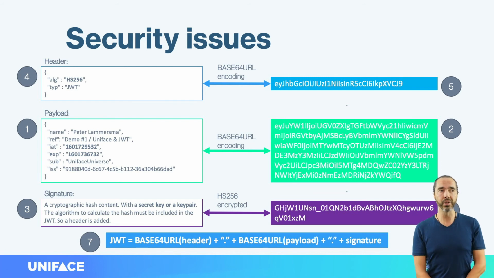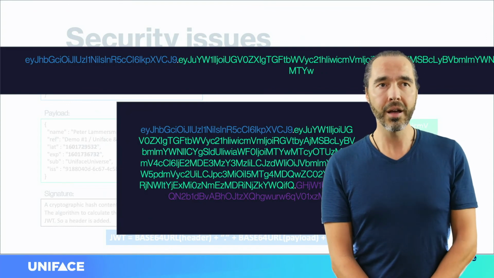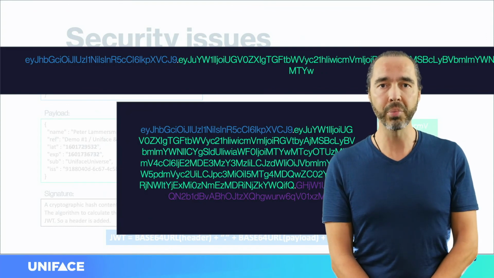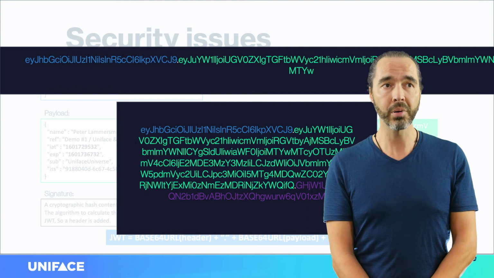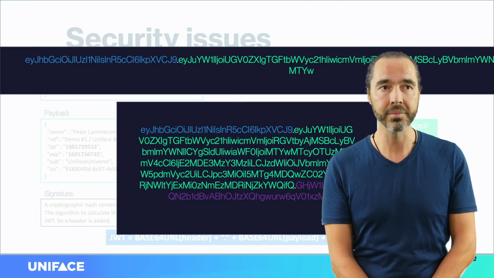And both will be hashed with an encryption protocol, and that will result in a total payload of the complete token. So the complete token contains three parts: the header, the blue part; the green part is the payload; and the signature is the purple part, separated by a dot.